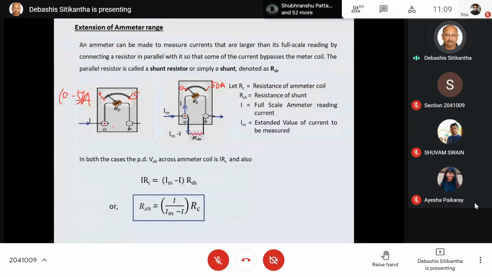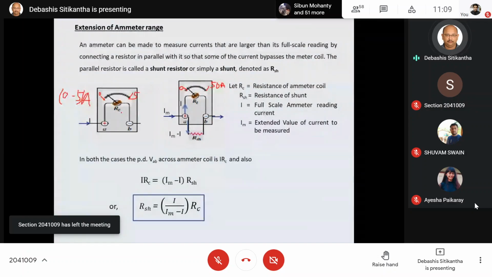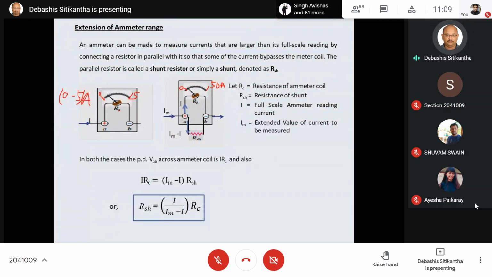Obviously, in this case where I have not done any modification, this ammeter is originally designed to measure a current in the range from 0 to 5 ampere. So when this current I is flowing, it is going to flow through this coil of the ammeter. Let us say this coil of the ammeter has a very small resistance, let us say RC. This resistance is known as the resistance of the ammeter coil.